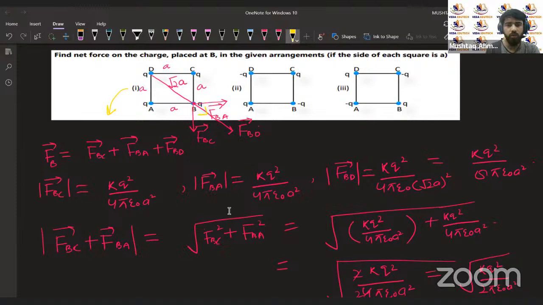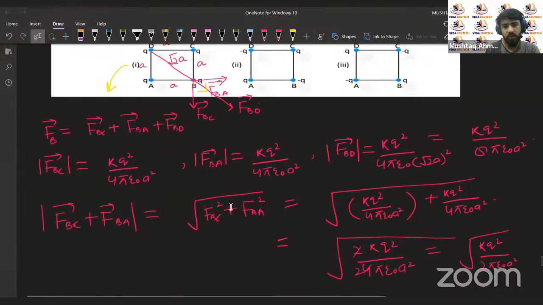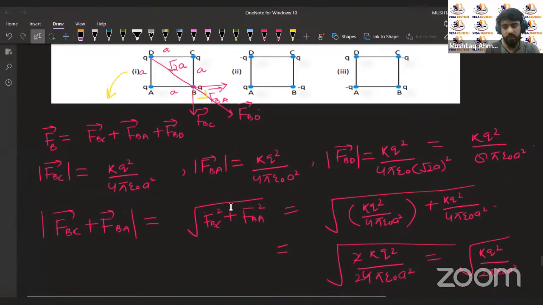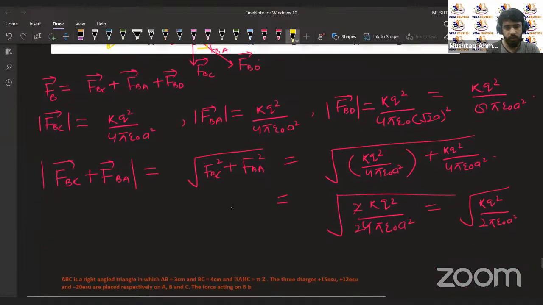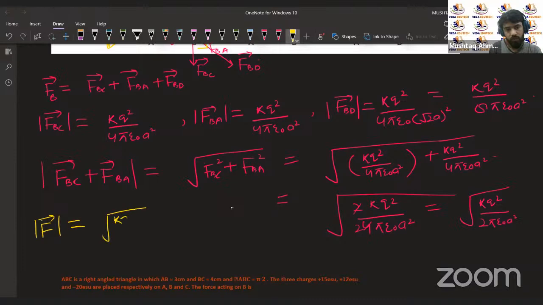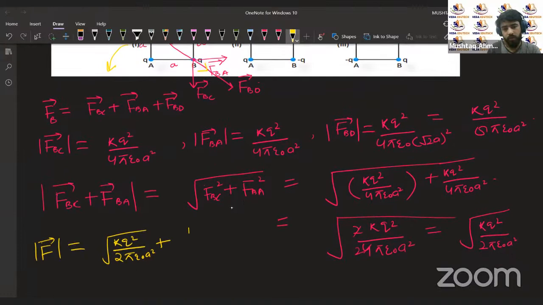So the total force will be the sum of the resultant of FBA and FBC and the force acting on this charge because of the charge placed at D. We can write here net force F is nothing but under root of KQ square upon 2 pi epsilon naught A square plus KQ square upon 8 pi epsilon naught A square.